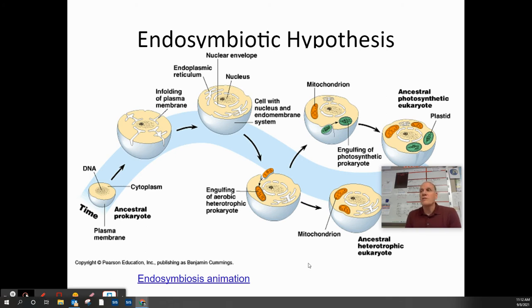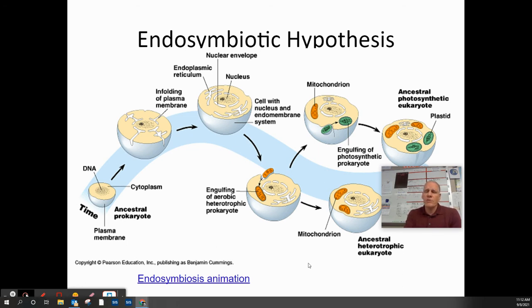Another piece of evidence is that both chloroplasts and mitochondria have a double membrane system. They have one membrane, which was their original membrane, and then they have an additional membrane on the outside, which is a result of them becoming engulfed and put into a vacuole in the proeukaryotic cell. Okay, so that's how, and we have lots of it.